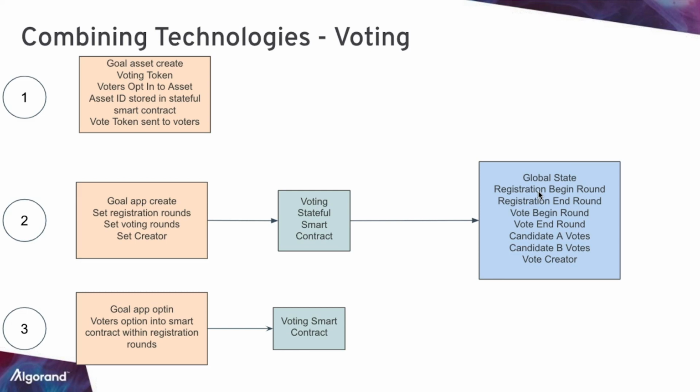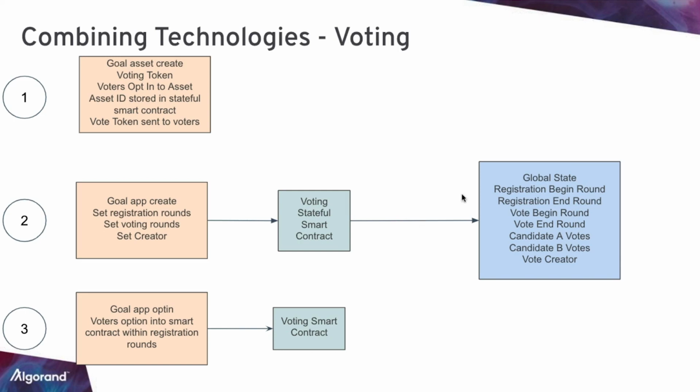And then I'm going to have candidate A's vote and candidate B's vote tracked in global state. And then I'm going to have whoever created the vote smart contract. So that's my approval program. So I create that, I set the registration rounds, set the voting rounds, set the creator. And then all my users opt in to the voting app, the stateful smart contract.